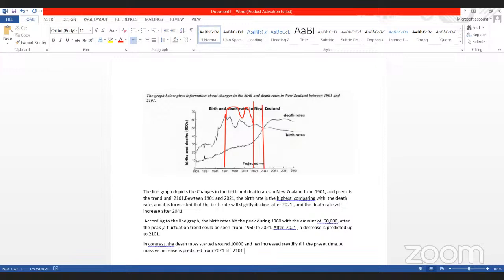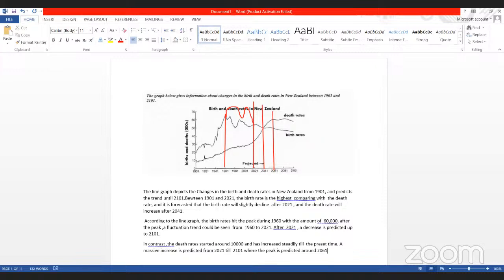And now what we need to talk about is the peak of it, the death rate's peak, right? Where the peak is predicted around 2061.